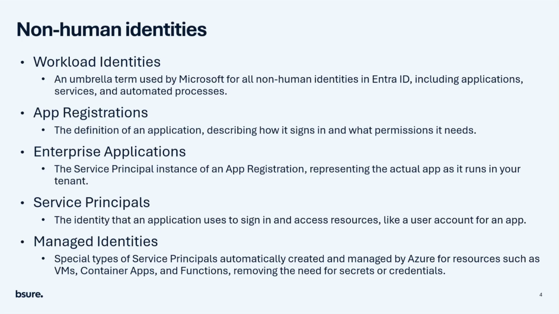They can either be system assigned, tied directly to a single resource. So if you remove the resource, the managed identity in your Entra will also go away. Or they can be user assigned, and then you can share them across multiple resources. So when Microsoft talks about workload identities, this is what they're talking about.